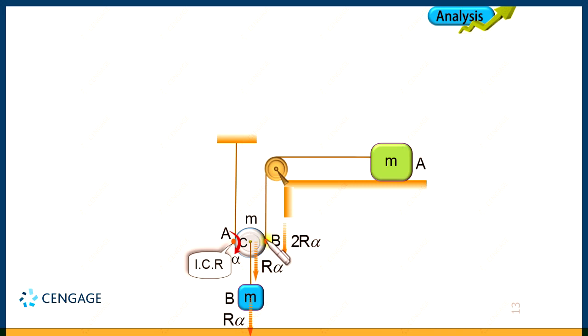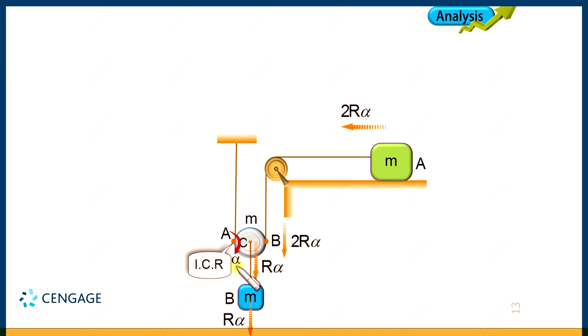Now you can observe that this string passes through this pulley and directly connects to this block, which is placed on the smooth table. That means the acceleration of this block should also be 2r alpha, but in the leftward direction. So these are the accelerations of the blocks and pulley.